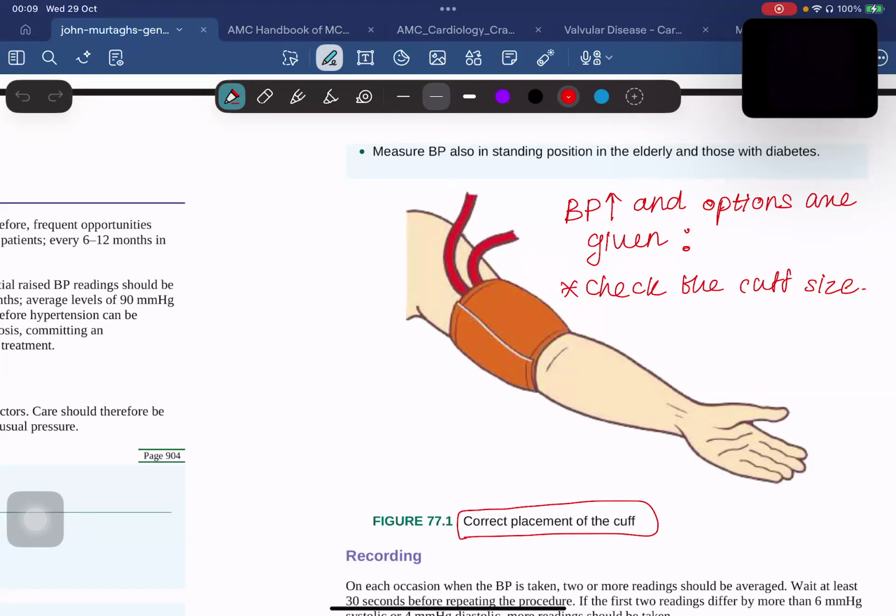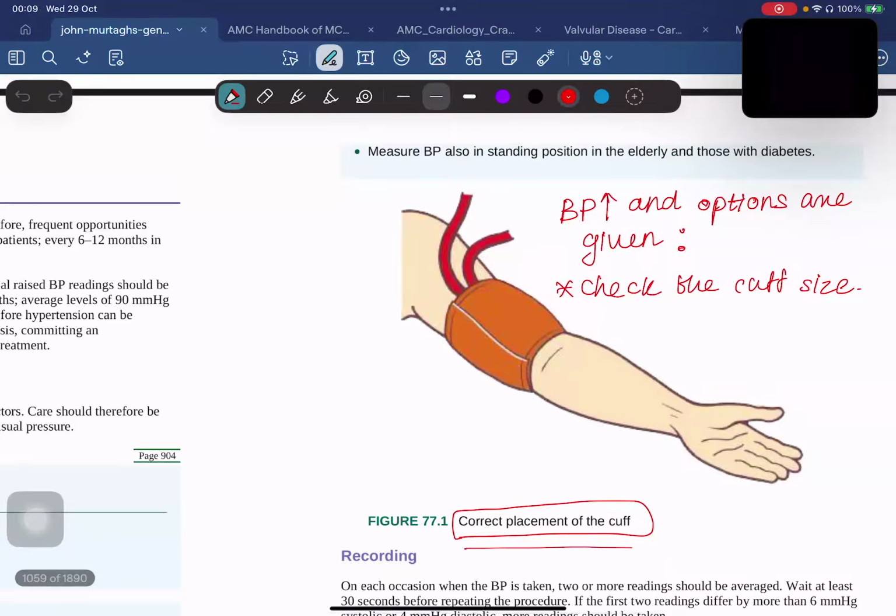Along with the options they would give check the cuff size or check the placement of the cuff. Another thing you should know about AMC is they tend to test your common sense. They tend to try to get the most simple, most obvious answer out of you. You are thinking deep into what would go wrong, maybe a malignant hypertensive situation, but the simple answer would be just correct the placement of the cuff.